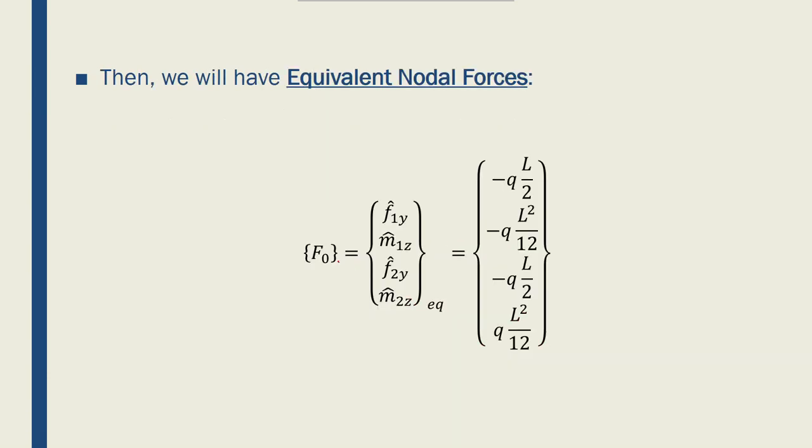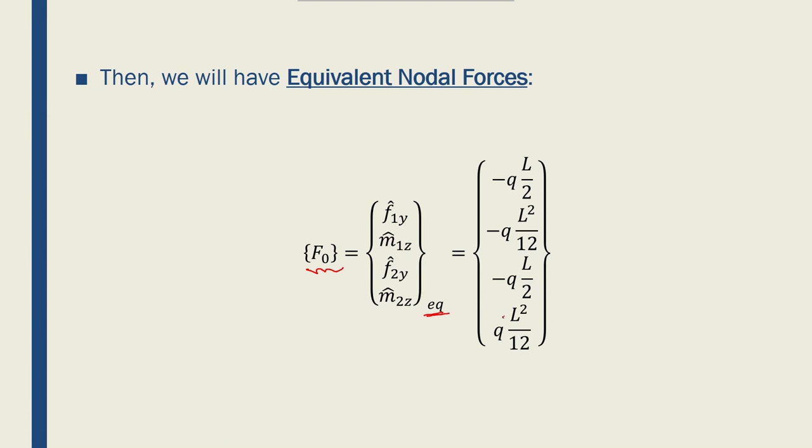We find this. F naught, which is called the equivalent nodal force, which is F1y, M1z, F2y, M2z with EQ, showing that this is equivalent nodal force, becomes equal to minus qL over 2, minus qL squared over 12, minus qL over 2, and qL squared over 12.